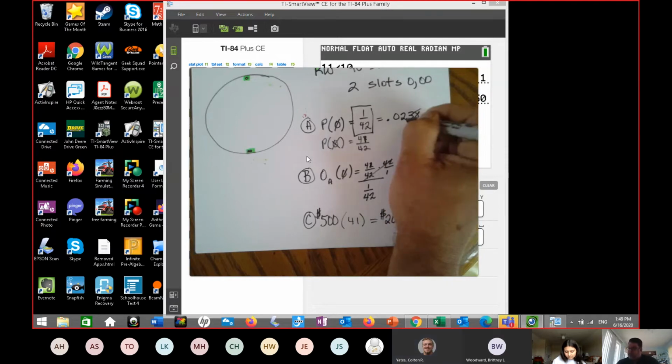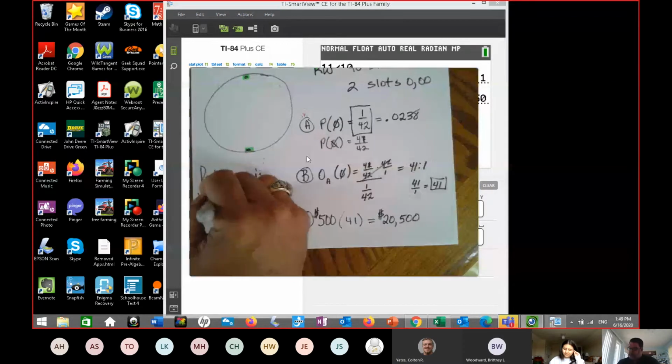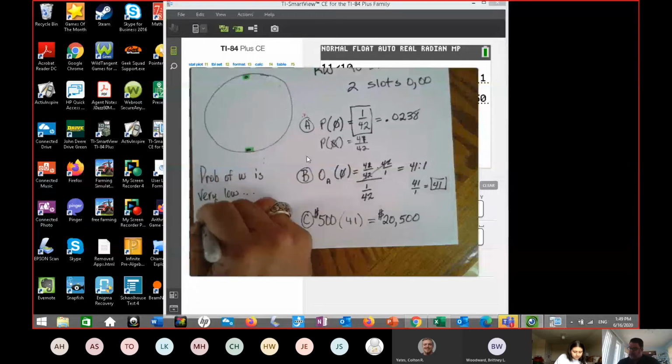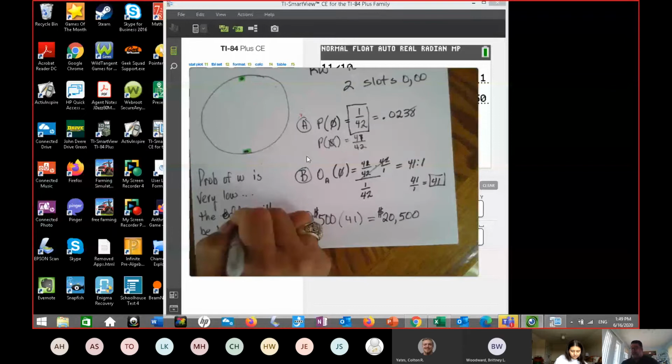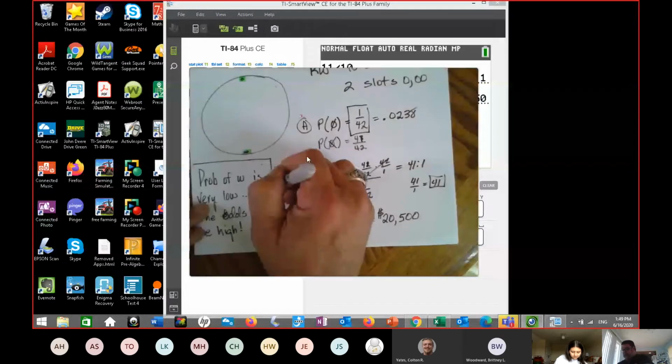If the probability of winning is very low, the odds will be what? High. So if you're lucky enough to hit that, you're going to have a good night.